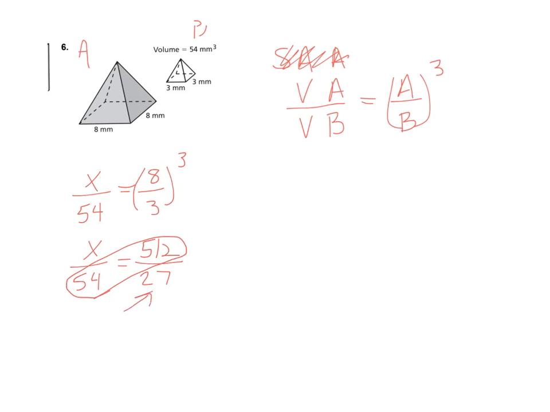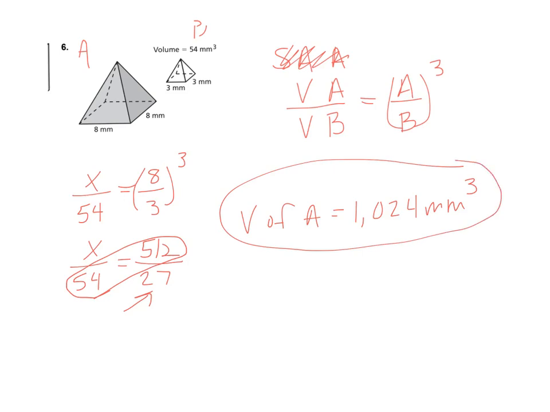So I have 54 times 512, divided by 27 gives us 1,024. So volume of A is equal to 1,024 millimeters, and because it's volume, it is cubed. And that's how you do the homework.